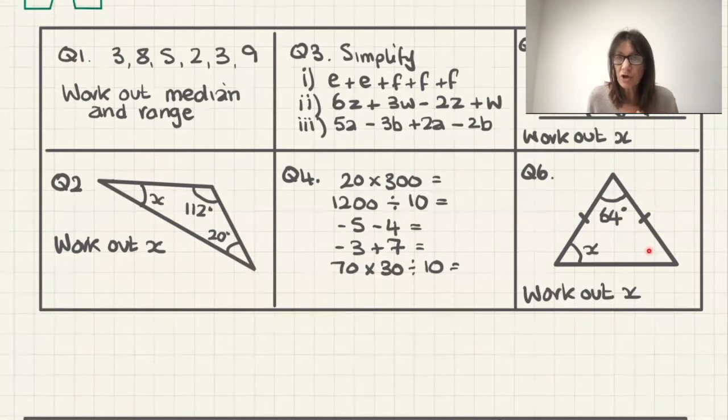So that's the knowledge I've got. That's what I can use. And I know from all my other triangle questions that I've done, I take away the 2 angles I've been given to find the missing one. But I haven't been given this one here. There is no angle there. And that's where some of you could have got stuck.